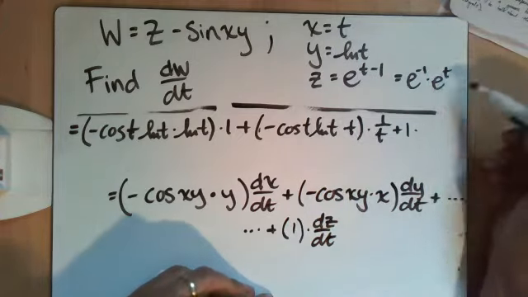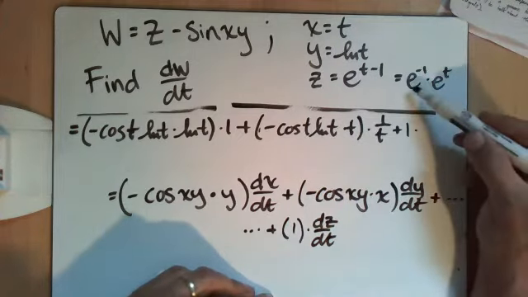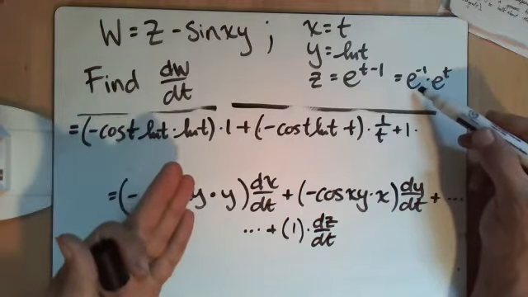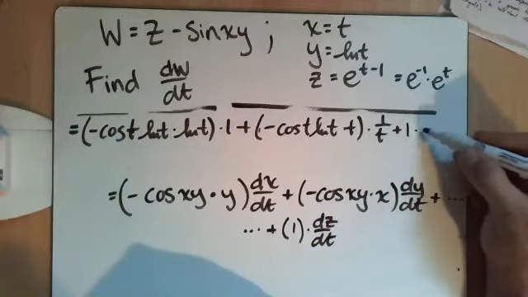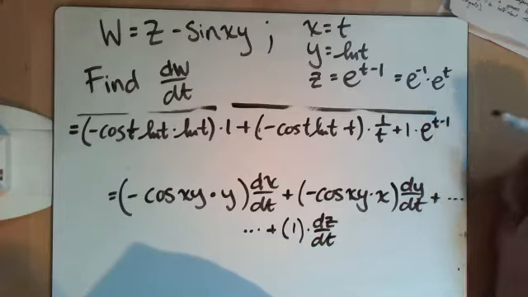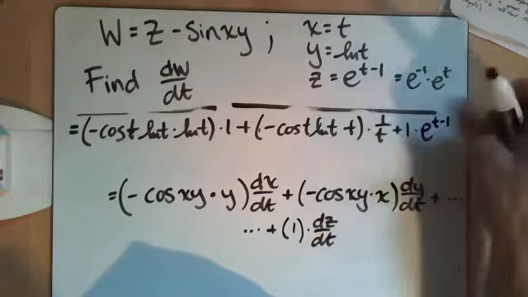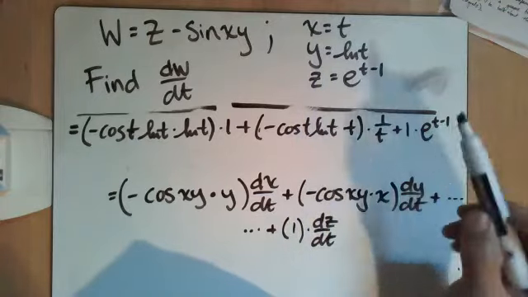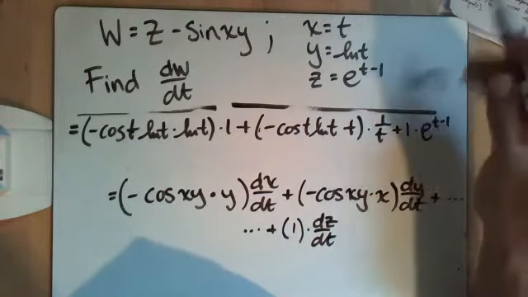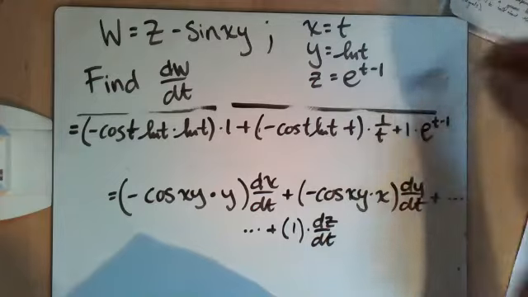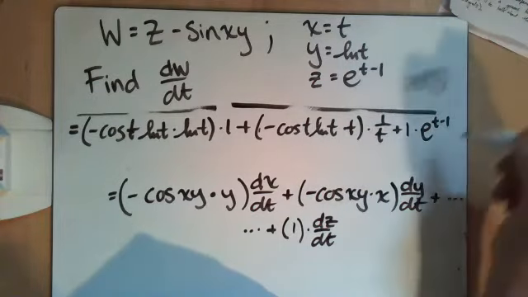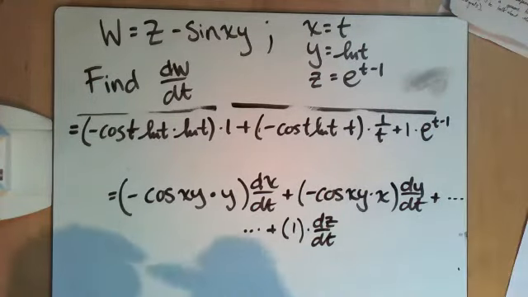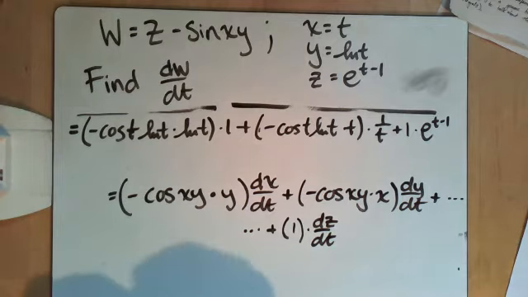When I differentiate this, I just get e to the t times e to the negative 1, or e to the t minus 1. Another way to think about it is the chain rule: I differentiate e to the blah and get e to the blah, times the derivative of the exponent, which is just 1. Okay, now I just need to clean things up a little bit.